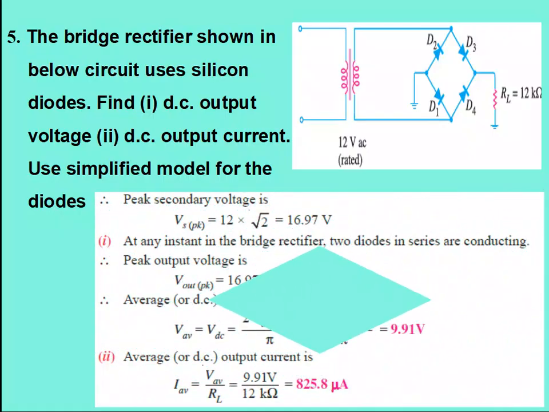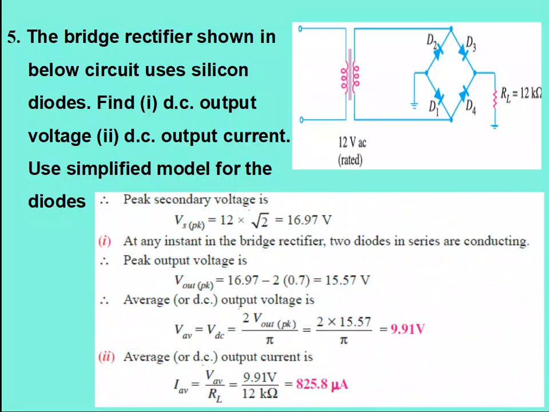So here the peak voltage is basically, when you are using the transformer, then you have to do this root 2, and if it is the center tap transformer, then by root 2, right? So the peak output voltage is basically this 2 into 0.7, because when one diode D3 and D1 both are active, and in the next half cycle, the D2 and D4 both are active.